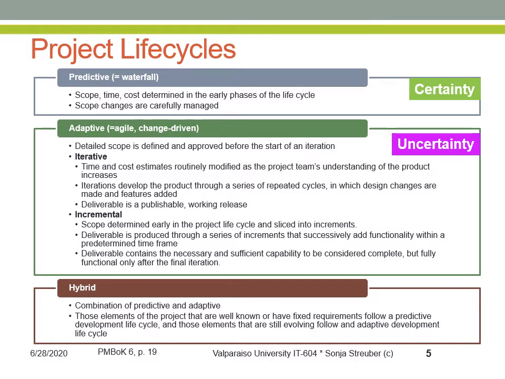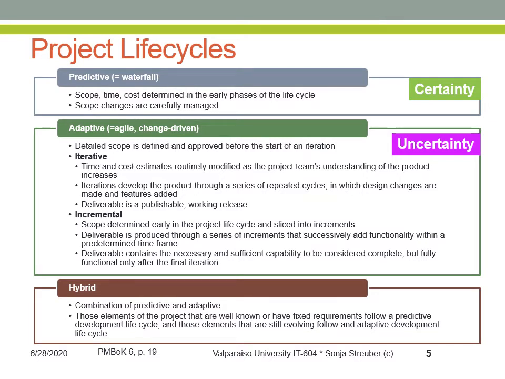Agile models are typically iterative and incremental. The basic idea here is to develop a system through repeated cycles, that's iterative, and in smaller portions at a time, that's incremental, allowing the developers to take advantage of what was learned during the development of earlier parts or versions of the system.